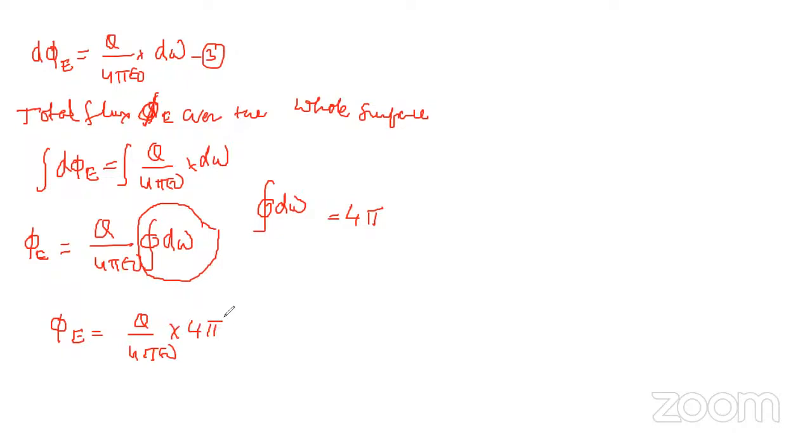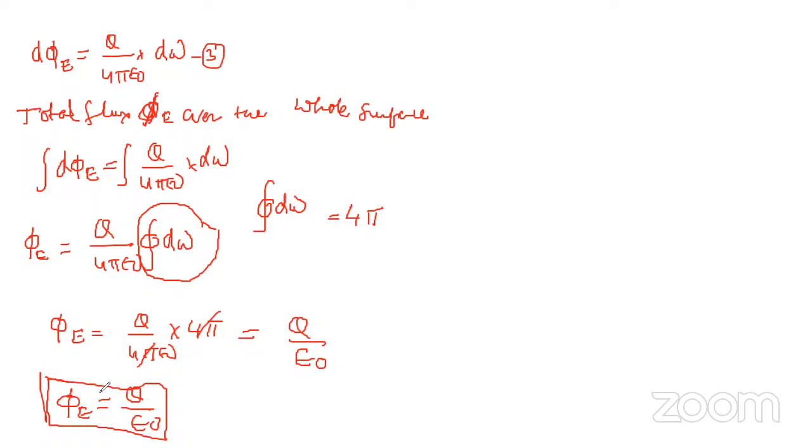Therefore, this 4 pi will get cancelled, and we get q by epsilon naught. So what we have got here is phi E equals q by epsilon naught. As we have seen in the statement of Gauss law, the flux through the entire surface is equal to 1 by epsilon naught times q, where q is the total charge present inside the closed surface. This is the derivation of Gauss law.